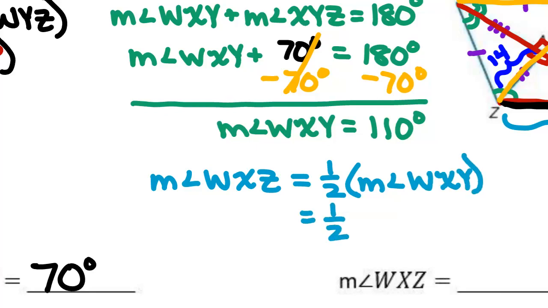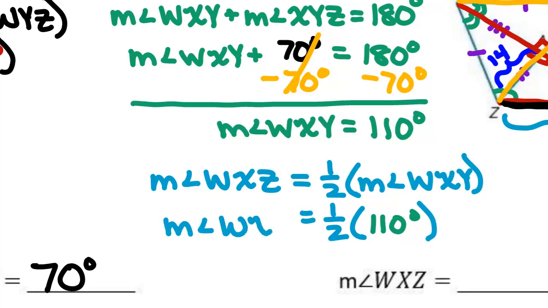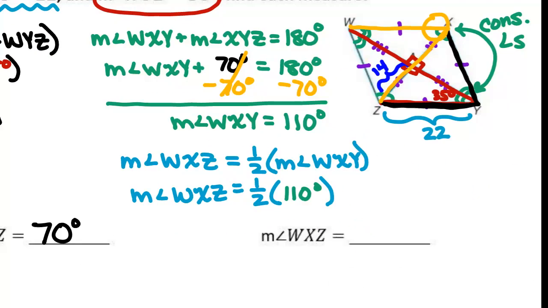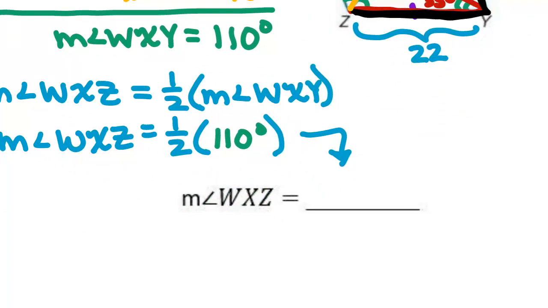So we need half of 110 degrees, which would give us what? What is half of 110? I just need this answer first, and then I'll go back and explain anything you need to see. 55 degrees. Okay.